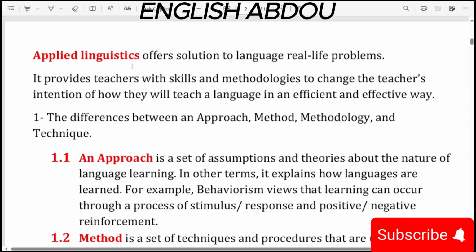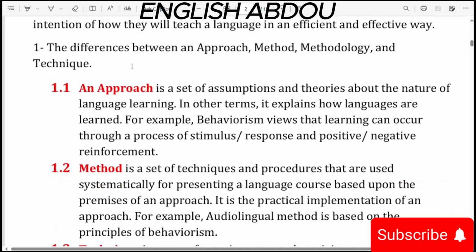These definitions are not enough to understand what applied linguistics is. So as I told you, you have to go to IS5 in order to know the history. Okay, now we have three concepts which are really different and at the same time really important in order to know these methods that we will talk about in the next slides.